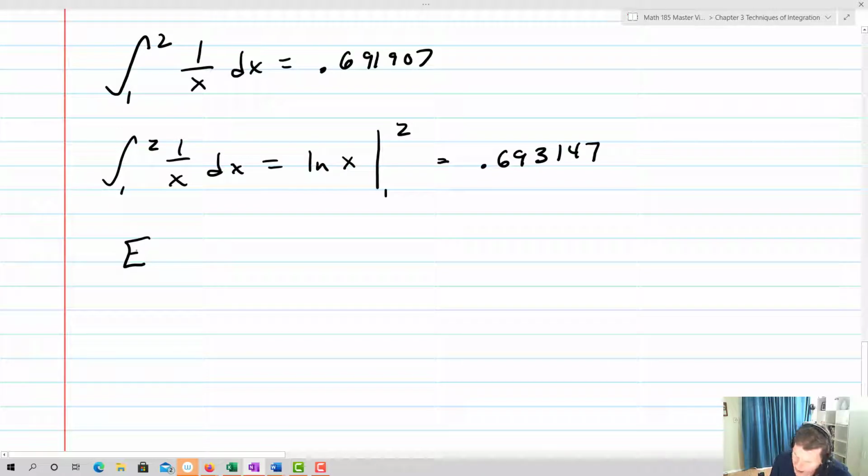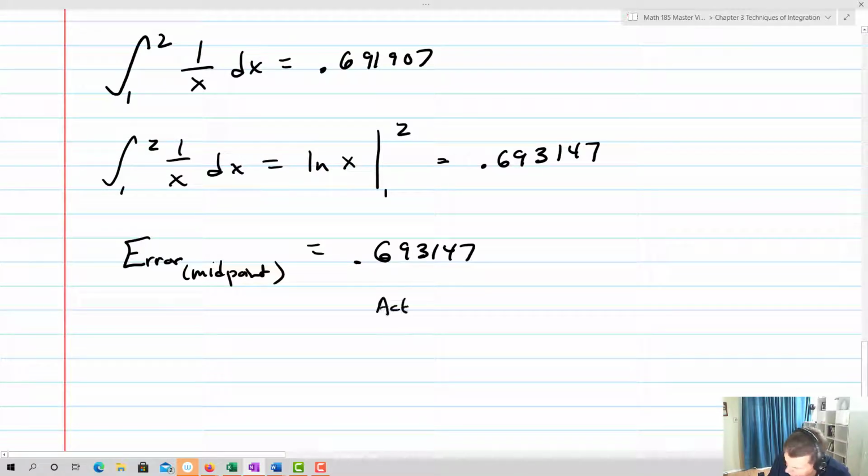All right, so the error due to the midpoint rule, we'll call it E, is going to equal 0.693147. That's the actual value from the integral minus 0.691907. That is the value that we got as our approximation.